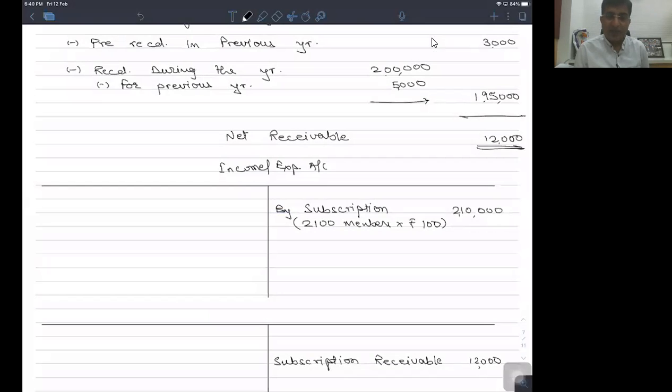Are you able to understand, Mehek? Shreya? जो मैंने सब्सक्रिप्शन इनकम दिखाई इन द इनकम एंड एक्सपेंडिचर अकाउंट, that is for all the members, so that will include for the members who have already paid in previous year. Yes or no?